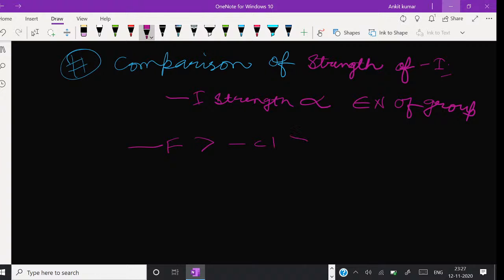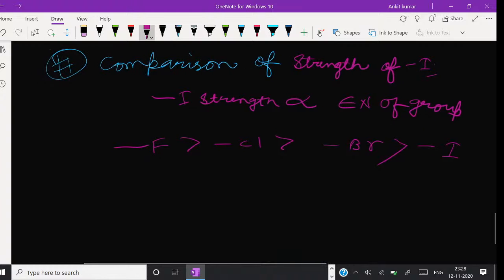Fluorine, chlorine, bromine, iodine. Fluorine minus I strength is directly proportional to electronegativity of the group.